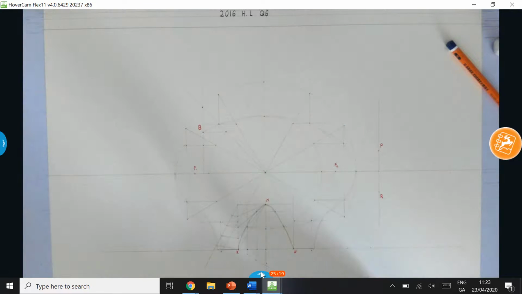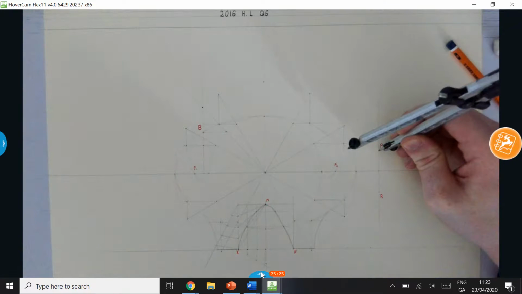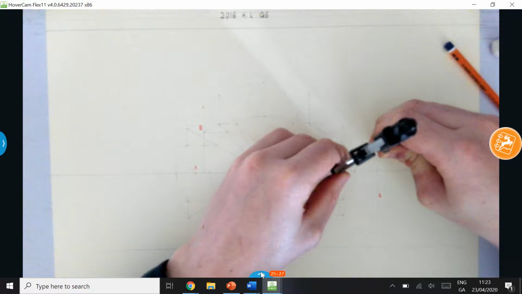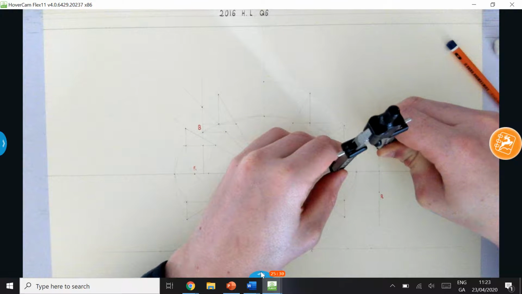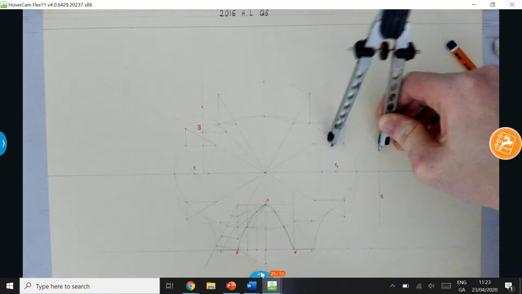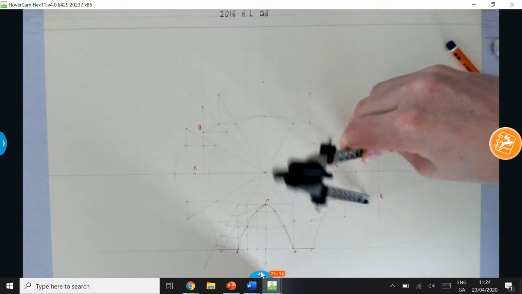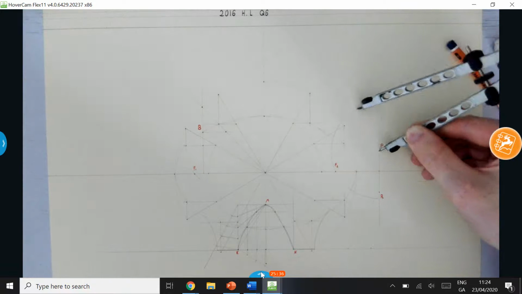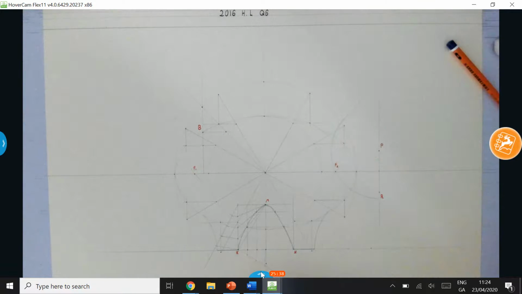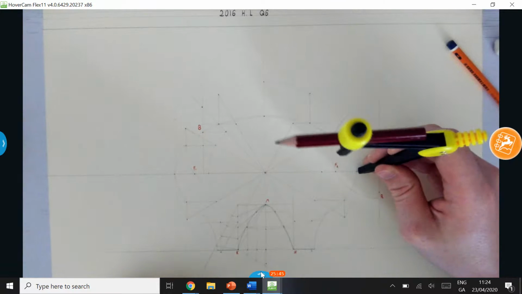Next step then is go to P, line it up with F2, and scribe. We have to get the full major next.